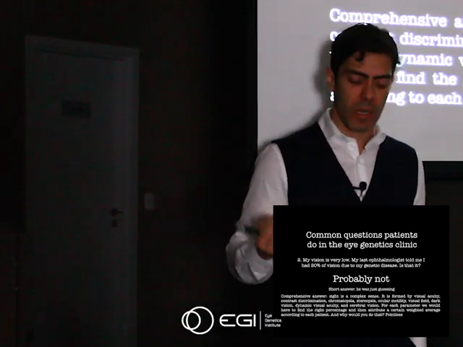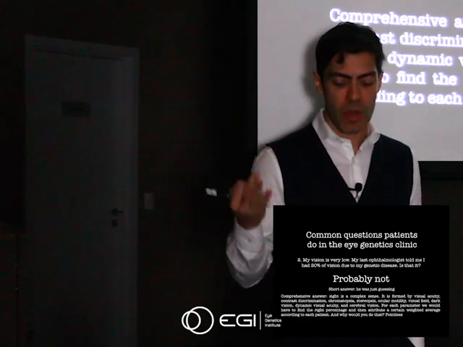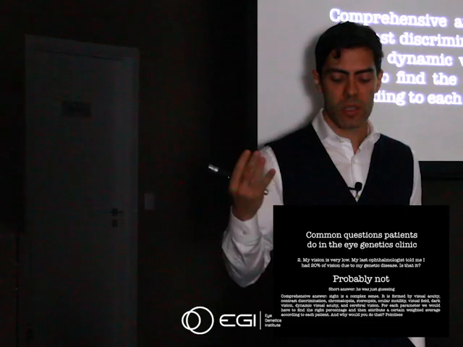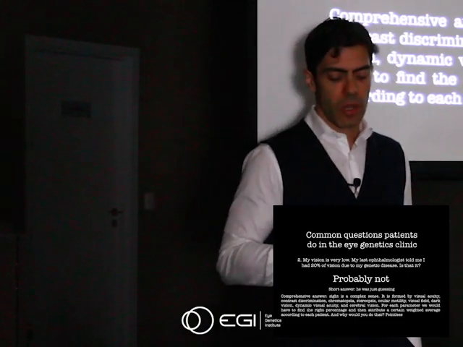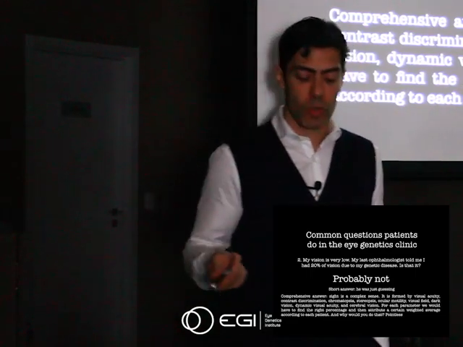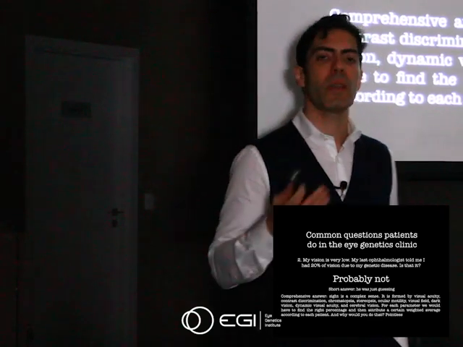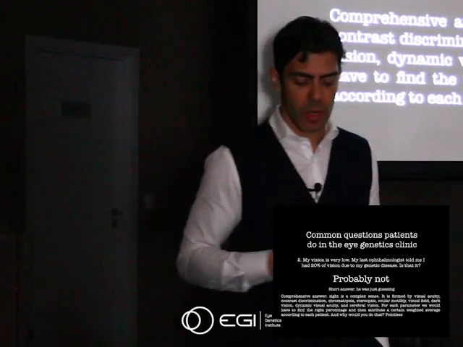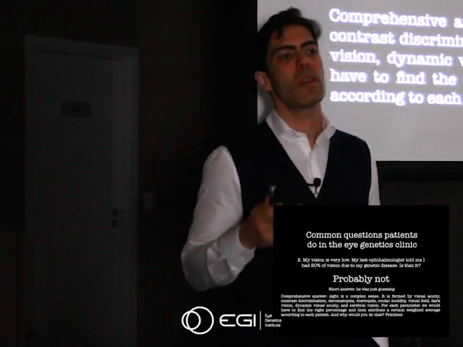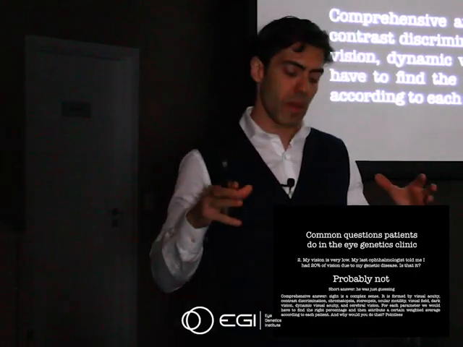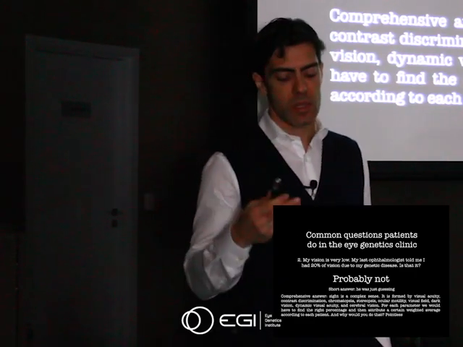For example, visual acuity, contrast, discrimination, chromatopsia, stereopsis, ocular motility, visual field, dark vision or night vision, dynamic visual acuity, and also cerebral vision, or the capacity to interpret images that are put in front of you. So all those parameters together form the sense of sight.